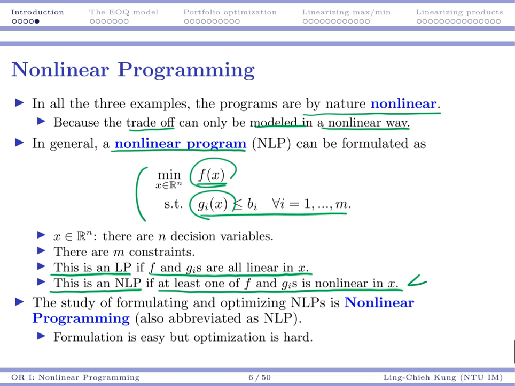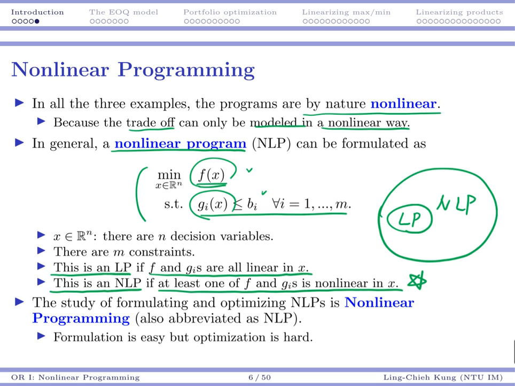Some people may have different definitions of linear and nonlinear programs. For linear programs, the definition is clear: all these functions should be linear. Some people would say nonlinear programs do not include linear programs. Typically, I follow this definition: a program is either linear or nonlinear, but a nonlinear program is not a linear program.